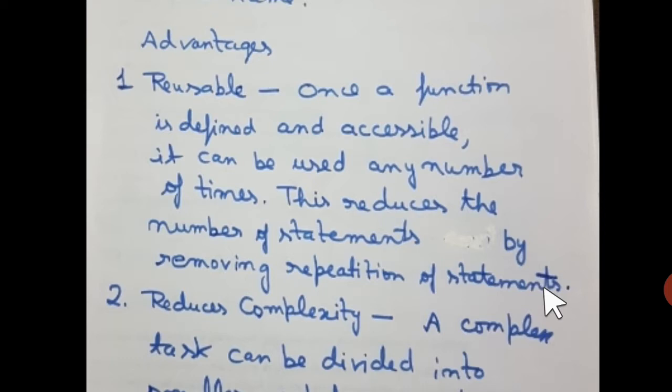All you need to do is just call that function 5 times at different places. You will get things done. But if the function is not there, in that case you have to write those set of statements to calculate the factorial 5 times. So you can understand how this concept of reusability reduces the size of your program.